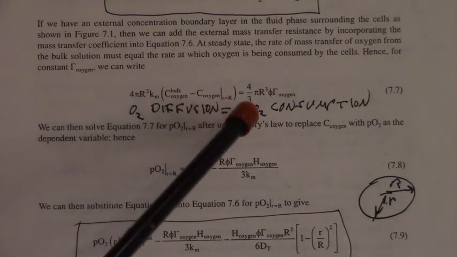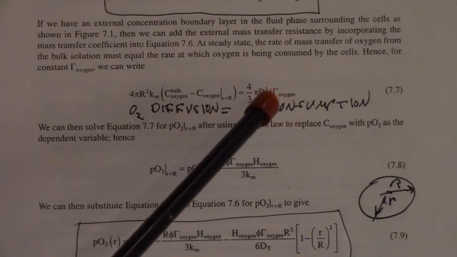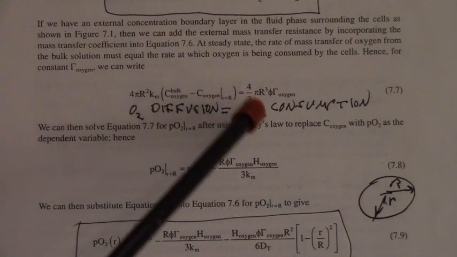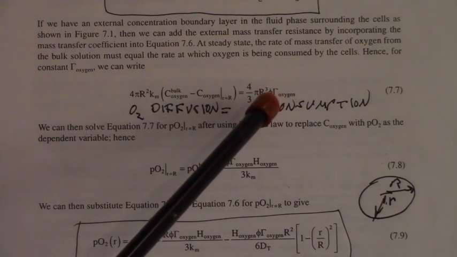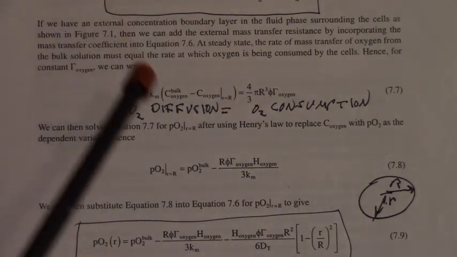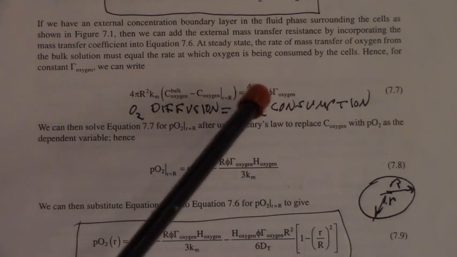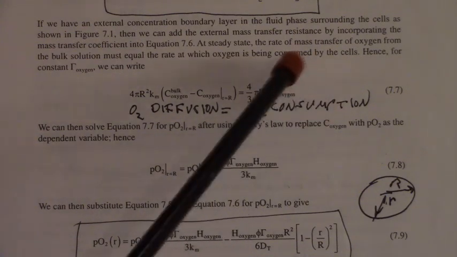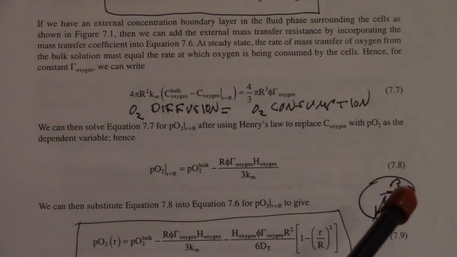And this oxygen diffusion rate has to equal the oxygen consumption rate, and that's going to be the volume of your Brockman body, which is 4/3 pi r cubed. That's the total volume. Multiply that by phi, which is the volume fraction of the cells, and that would then tell you the actual volume of the cells, and then multiply that by gamma oxygen, because this is the oxygen consumption rate based on the volume of the cells.